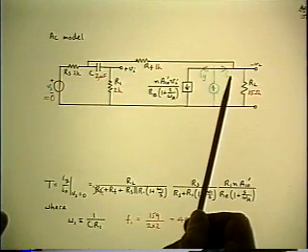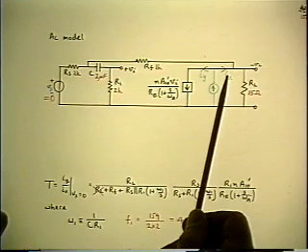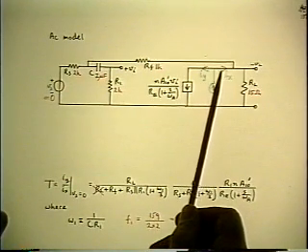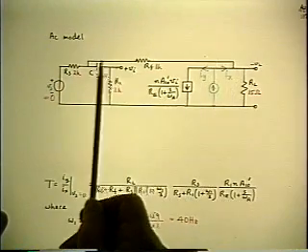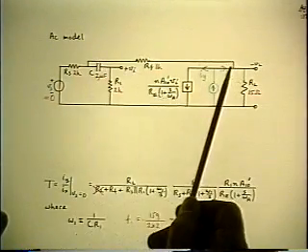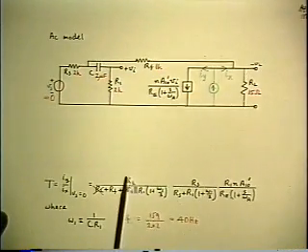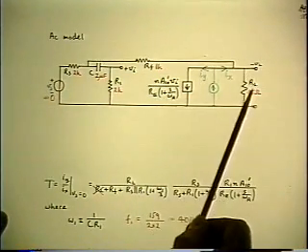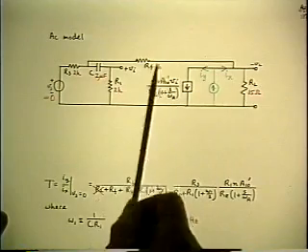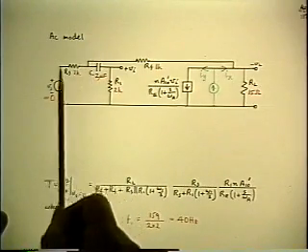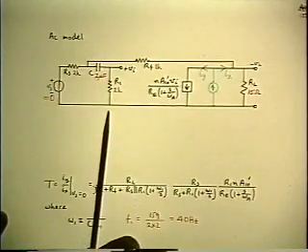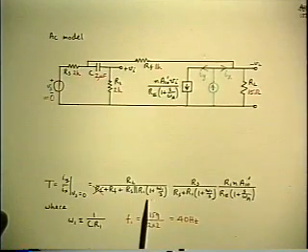So starting with IX, I'll use the current divider approach. The first thing I want to know is how much of the current goes down RF. So the IX is looking into a divider where the opposite impedance is RL and the sum of the branch impedances is RL plus RF plus RS parallel 1 over SC plus R1.